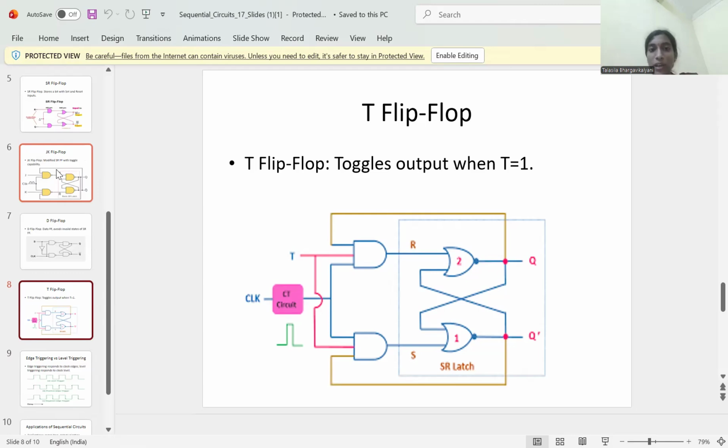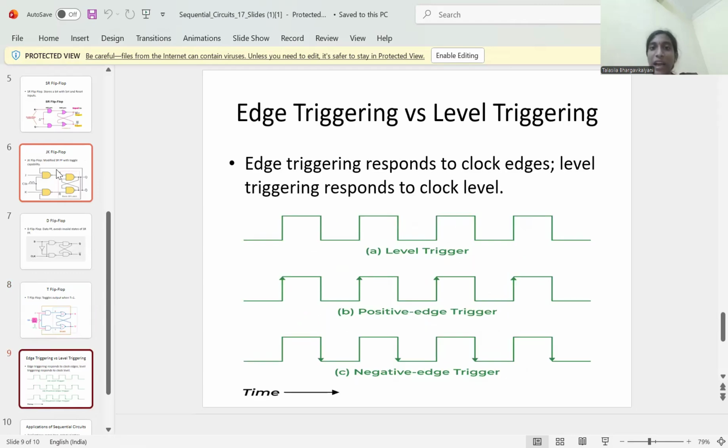If they are different, then it is 1. Now, let us talk about edge triggering and level triggering. Here, level triggering means the clock pulse and the levels it has. The bottom line or bottom rectangle is called the lower or down level triggering, and the upper line is called up level triggering.